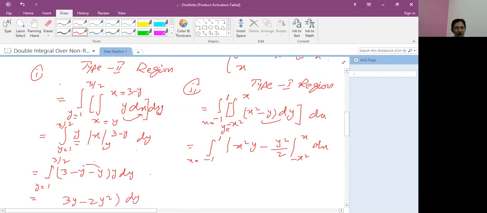First we add, then multiply by y. So it means 3y minus 2y multiplied by y, it means minus 2y square. The limit of y is 3 by 2 from 1 to 3 by 2.